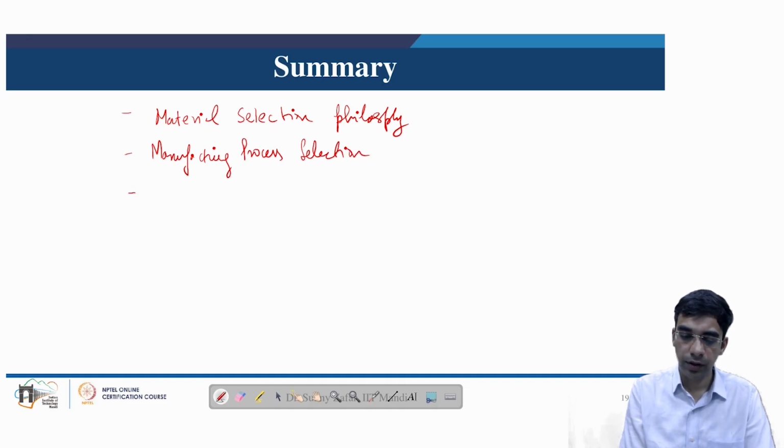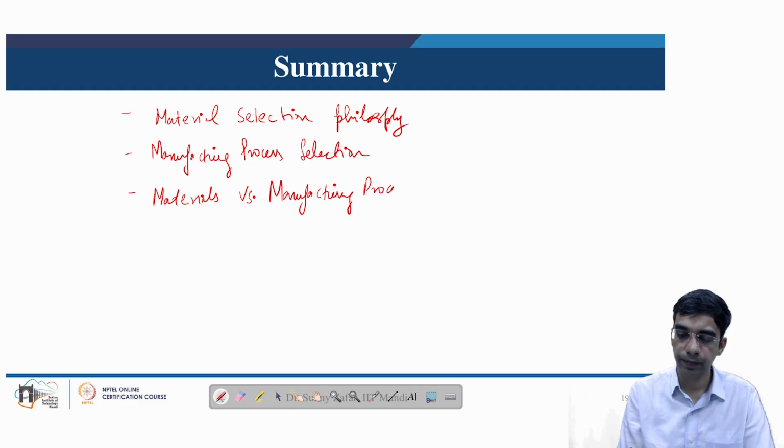We have looked at the mapping between materials versus manufacturing processes in terms of various aspects like economic batch size, tolerance, surface roughness, mass of the component, etc. We have also looked at different aspects related to minimization of cost considerations.